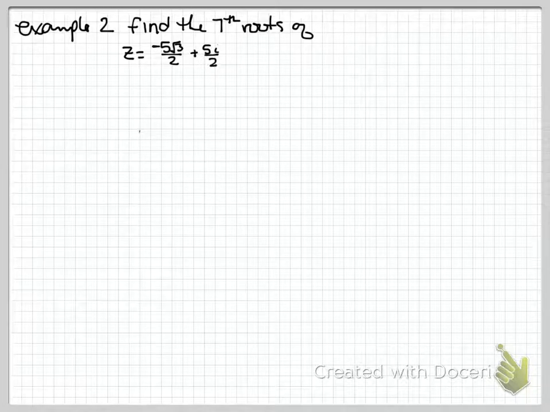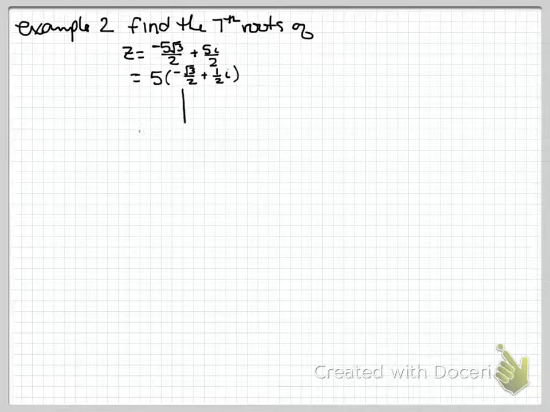Now if you notice here, you actually have a GCF of 5. So if I pull out that 5, my z is actually 5 times negative root 3 over 2 plus 1/2 i.